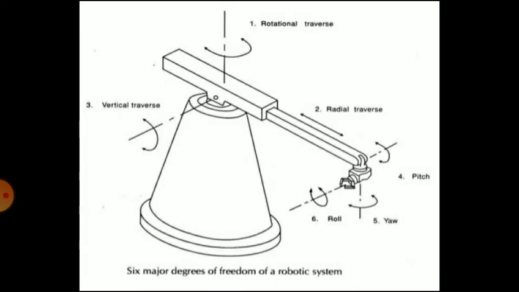First is the rotational transverse movement of the arm, second is the radial transverse movement of the arm, and third is the vertical transverse movement of the arm. The 3 degrees of freedom associated with the wrist are: fourth is pitch, fifth is yaw, and sixth is roll. So this is regarding the robot degrees of freedom.